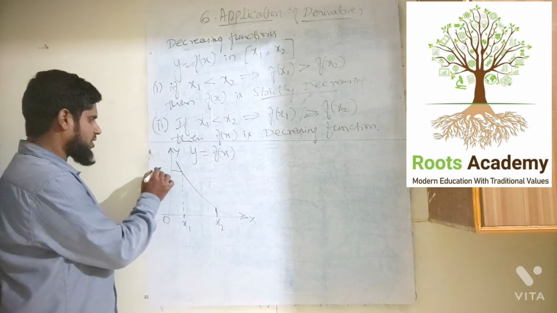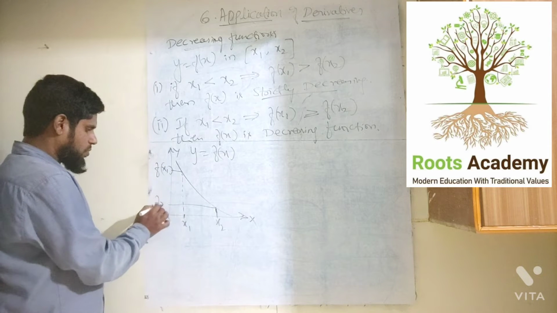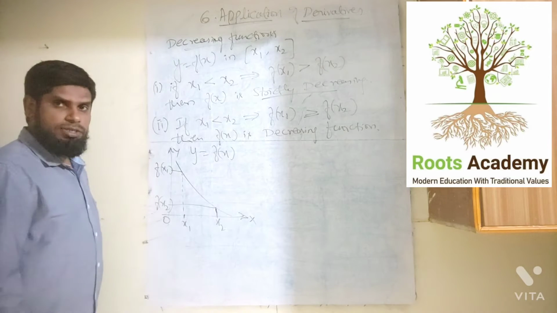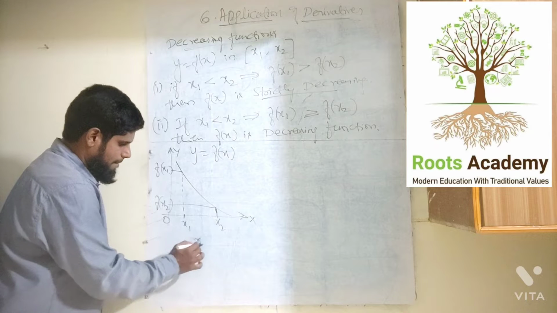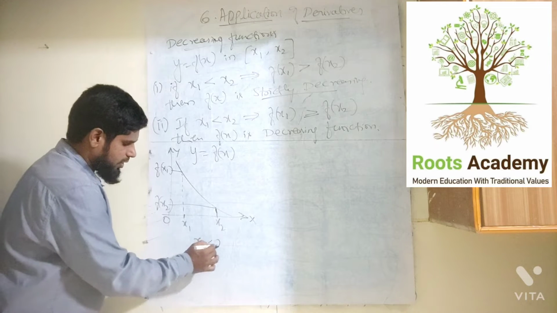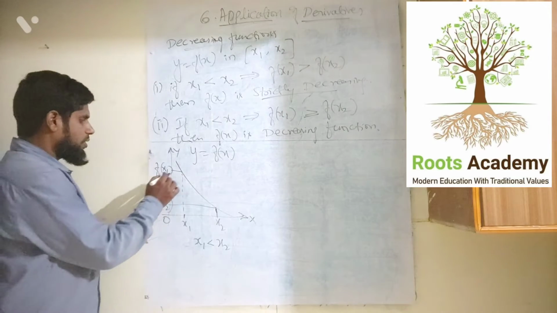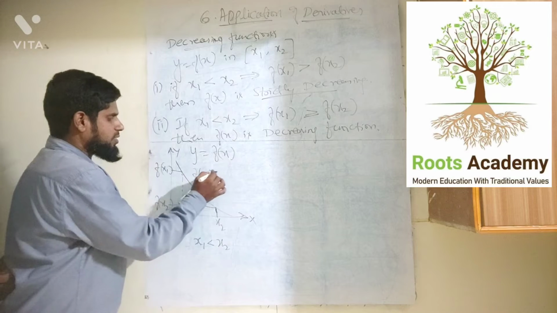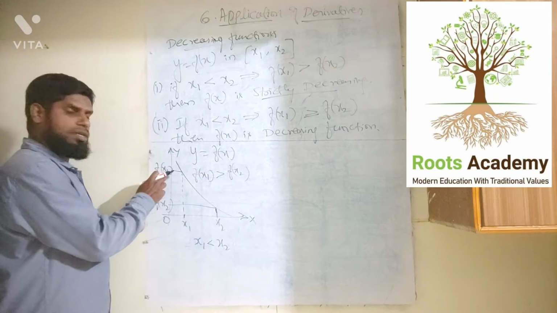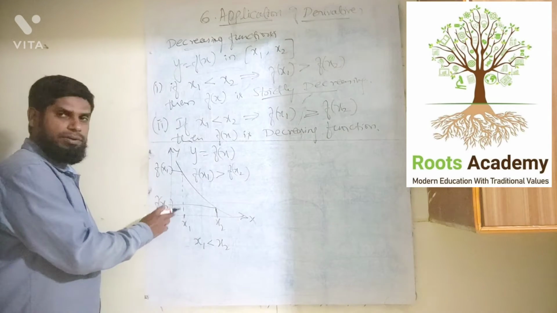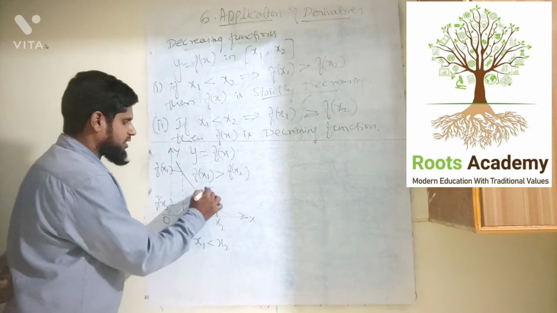So this is my f of x1, and this is my f of x2. Now student, we can easily see here that x1 is less than x2, no doubt about it. But in case of f of x1 and f of x2, f of x1 is greater than f of x2. The value of y is greater here compared to here. So this is purely called a strictly decreasing function.